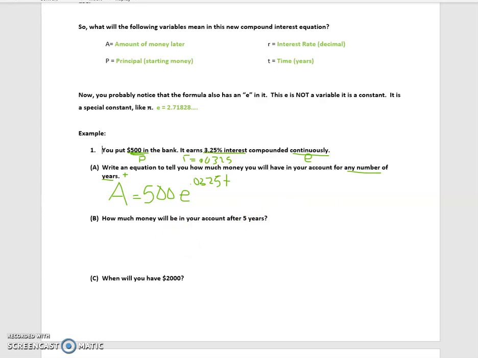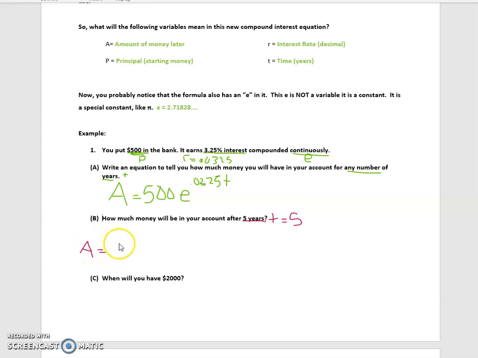How much money will be in your account after 5 years? Alright, well 5 years, that means, okay, let me do this example in a different color. That way they don't bleed together. t equals 5. Okay, so we're just going to replace t with 5.